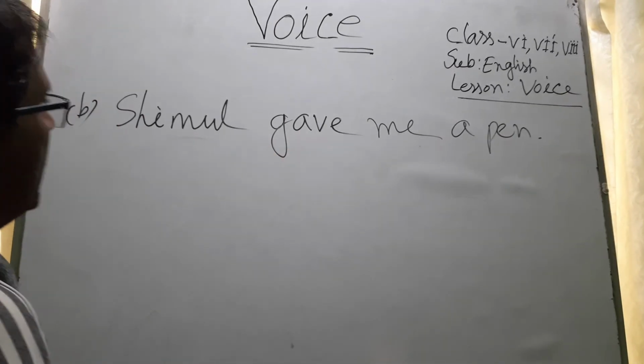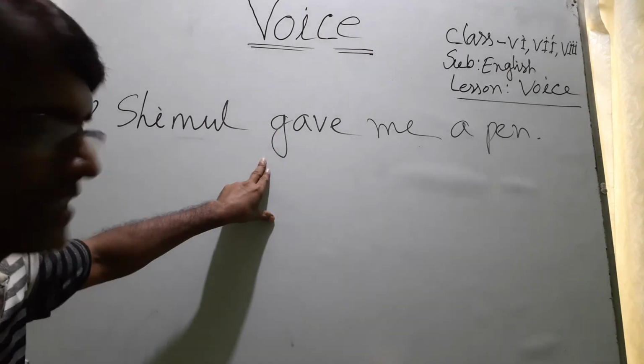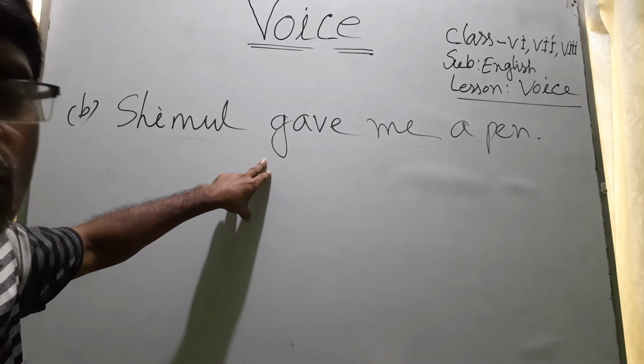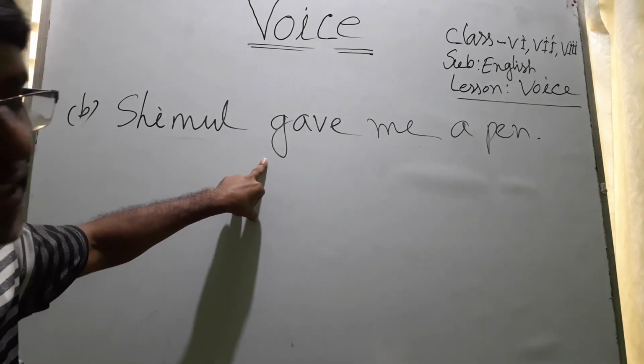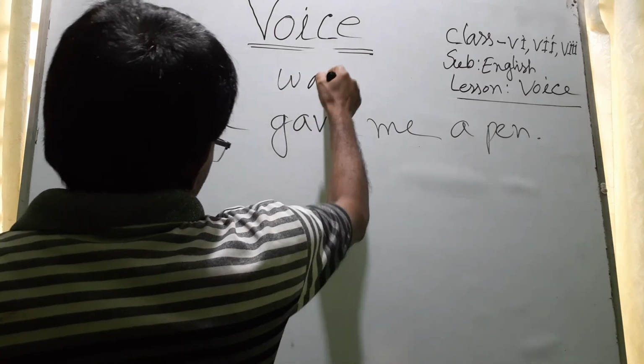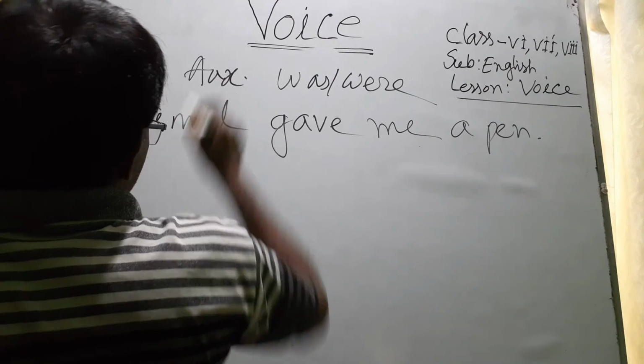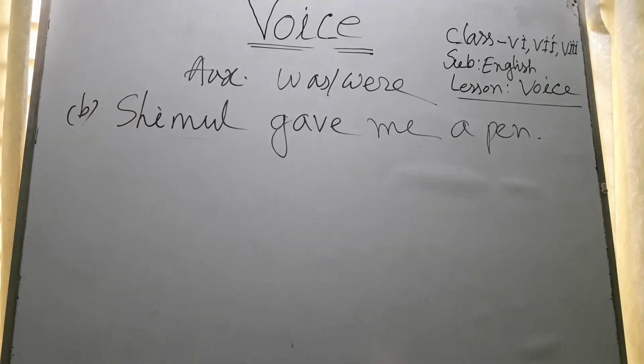Okay, and in the past indefinite tense, in passive voice, you should write auxiliary was or were.